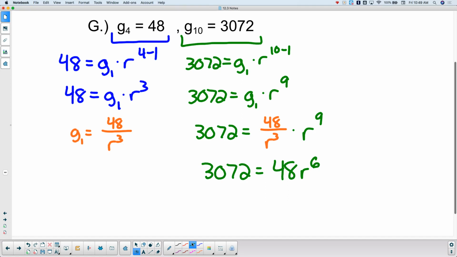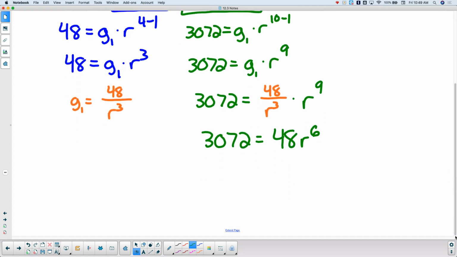What do we get? 64. Then what? Take the 6th root of both sides. What do we get?